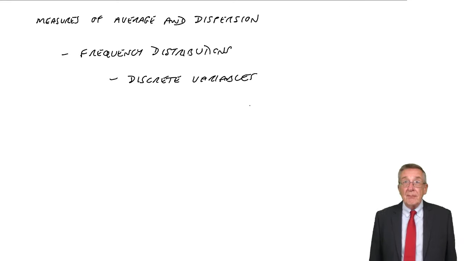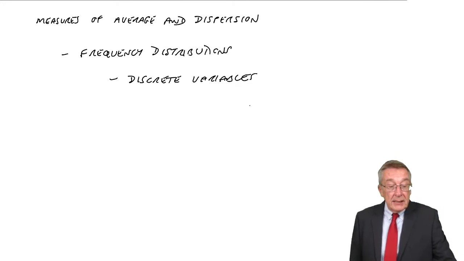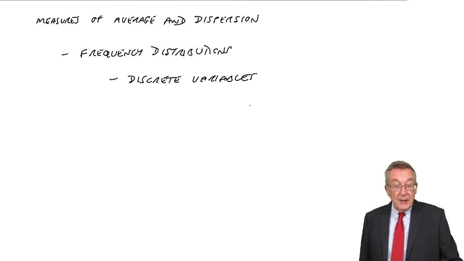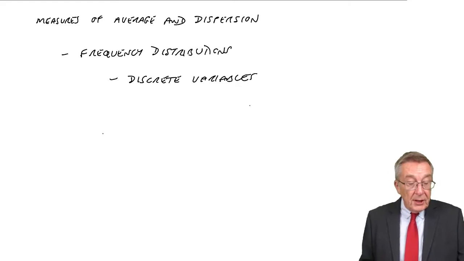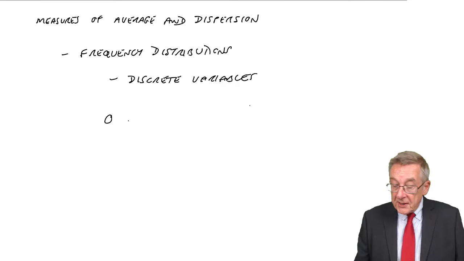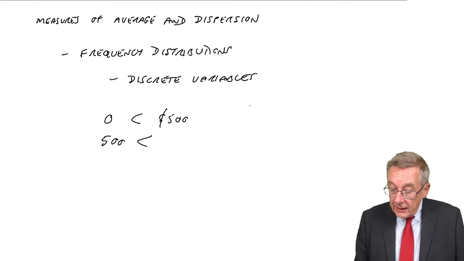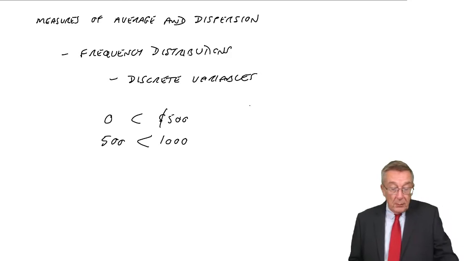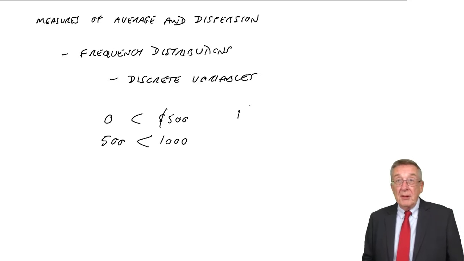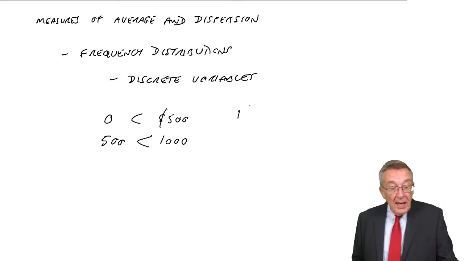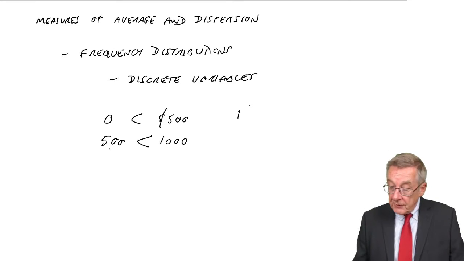Perhaps I don't need that detail. And so for something like that, it makes more sense to do it in groups, as you can see. We've said the total paid, nought but under 500, and 500 but under 1,000. So if the total was between 0 and 500, that happened once. And I don't really care whether the total was 200 or 300. It was in the range 500 to 1,000 4 times.